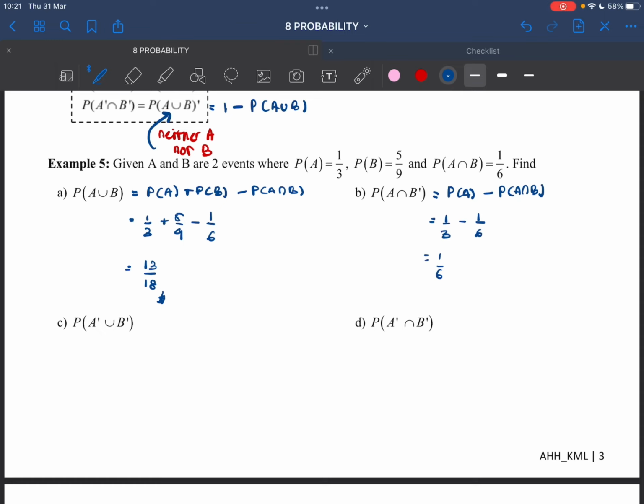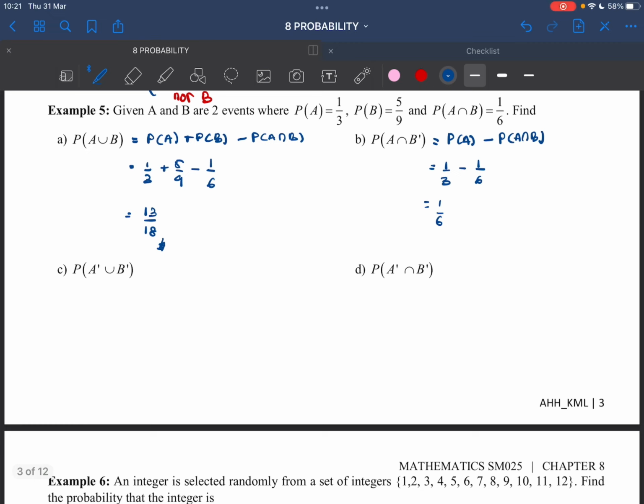Now let's see P(A prime union B prime). You know that this is your De Morgan's rule. How are we going to remember this? If you have not, just reverse it. The union becomes intersect, and the prime goes outside. That is one way to remember.